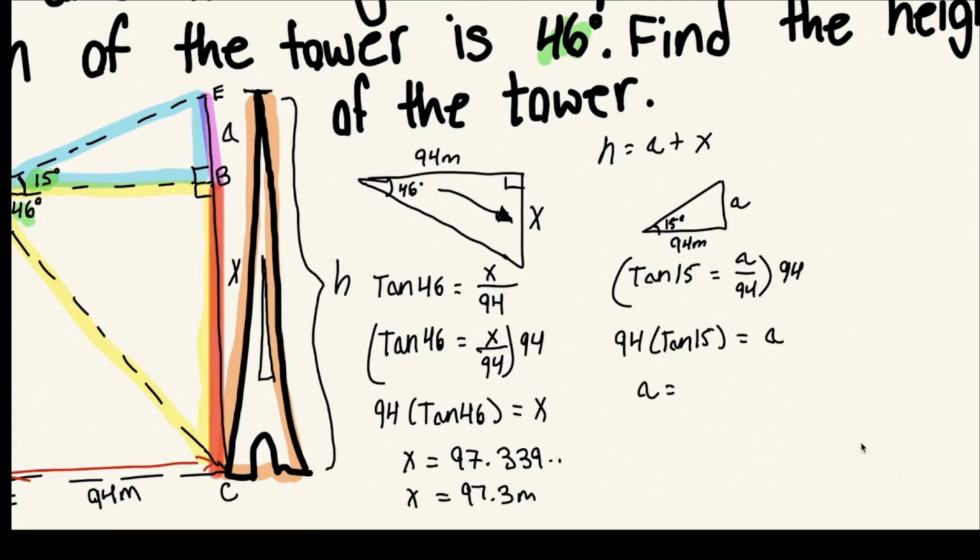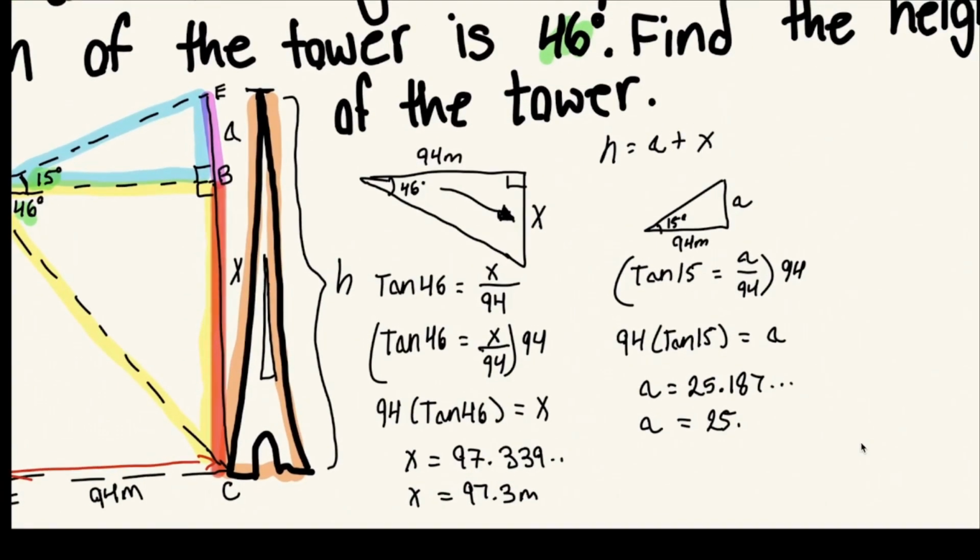Let's do it, plug that into your calculator, 94 times tan 15, and we're left with 25.1870 whatever, and then round that to the nearest hundredths, so 25.19.